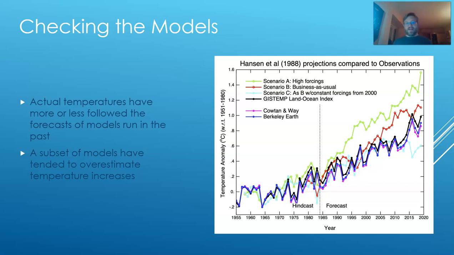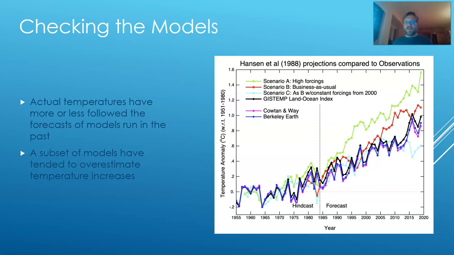And this is from 1988, so the state of climate modeling that we had way back then got pretty good results, and that's true for most of the climate models that we have. When we look at past model runs and compare them to what has actually happened, taking into consideration that we now know things like what actual amounts of CO2 we emitted, so we're not just reliant on scenarios that are guessing about that, we find that the models tend to be pretty good.